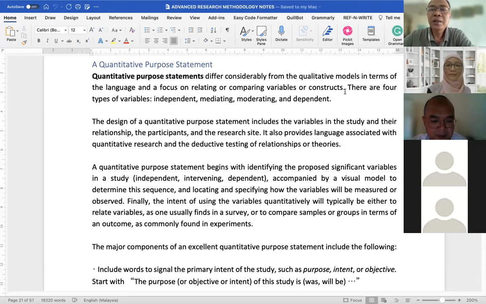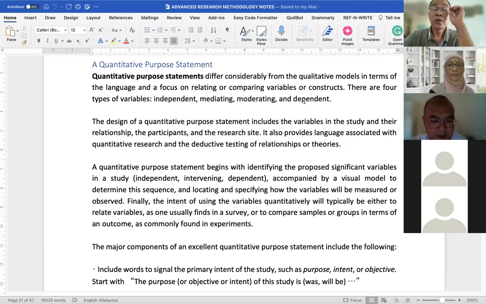In the theoretical framework, usually there are independent variables. You can have 4 or 5 independent variables. Usually you have one mediating, and some people have one moderating, and of course you need to have a dependent variable.